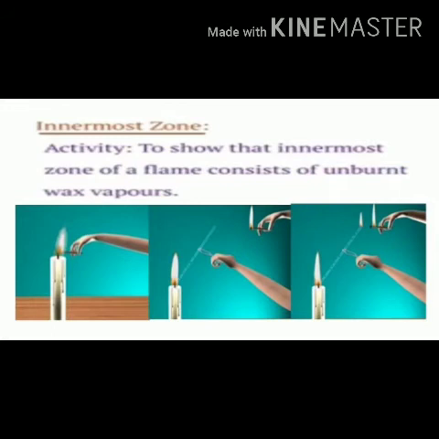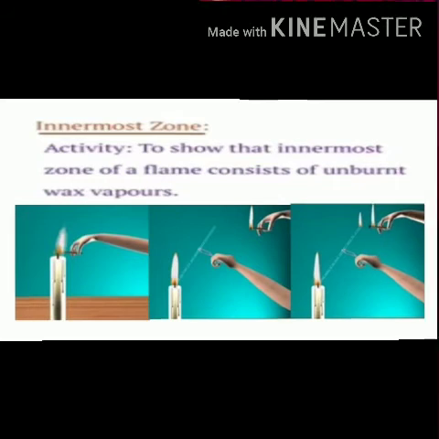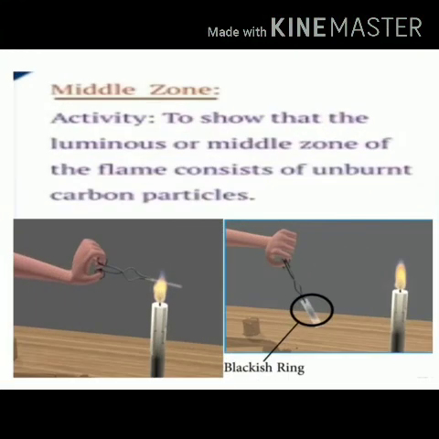So the wax vapors pass through the glass tube and obviously move out from the other end. So when you brought the lighted matchstick to the other end, these wax vapors caught fire and started burning with a flame. So this activity proves that yes, the innermost zone of a candle consists of unburnt wax vapors.